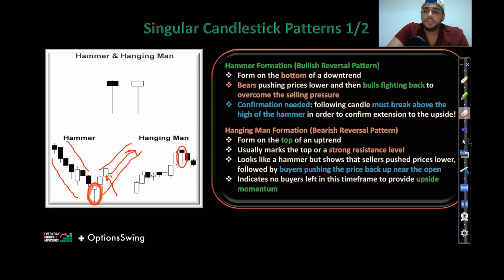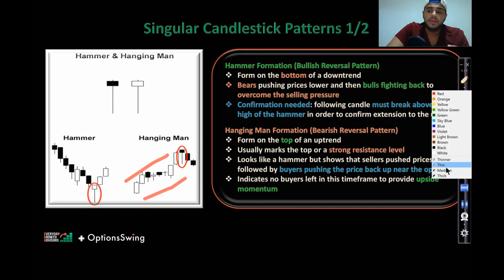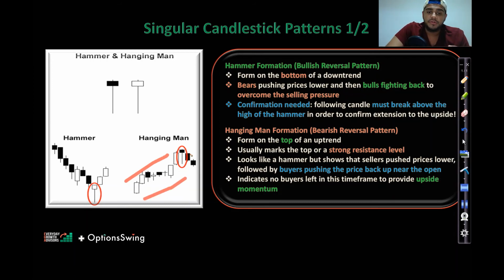Now the inverse pattern for the bearish side is called the hanging man. And the hanging man is the same candle as the hammer, except it appears on the end of an uptrend. So this is the uptrend, and you would see that the hanging man appears right here. And then this hanging man will be followed by a very bearish candle, which is this one right here.